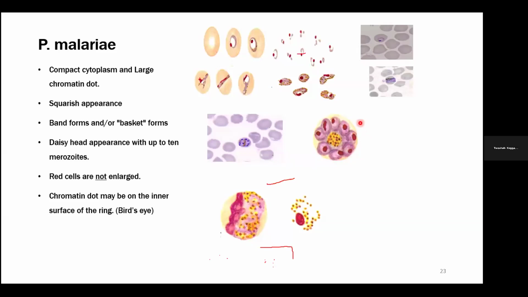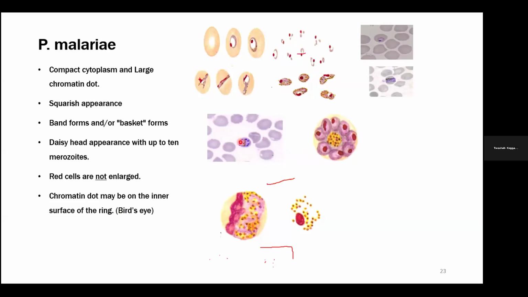Also, the red blood cells are not enlarged, but the distinguishing feature here from P. falciparum, where the red cells are also not enlarged, is that the merozoites are fewer. In this one, the merozoites are fewer, like 8 in the schizont.